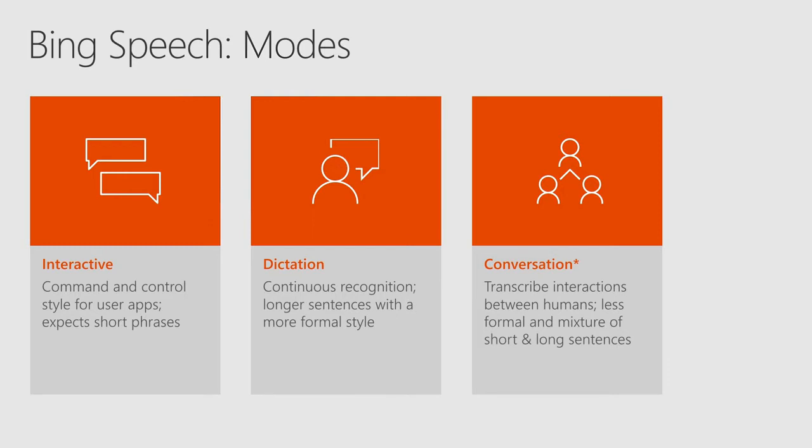So this is long, slightly more formal sentences where a user is recording something for transcription to text. The final mode is conversation, and this is a new mode that's recently been added and doesn't support as many languages as the previous 2. However, it's ideal for transcribing conversations between people, where the language is slightly less formal and is a mixture between short and long sentences. For example, recording and transcribing a meeting.